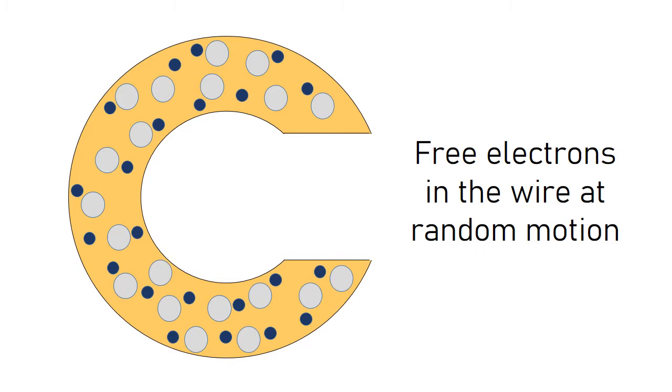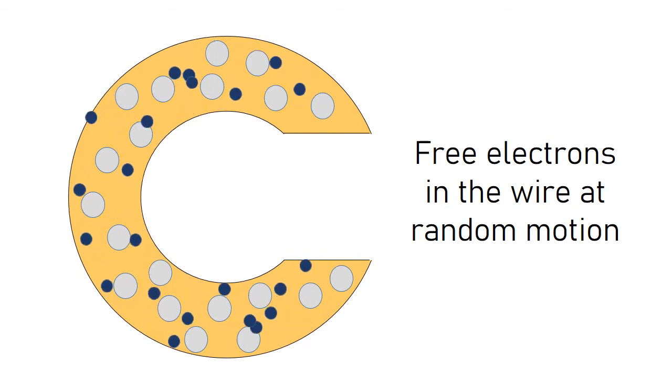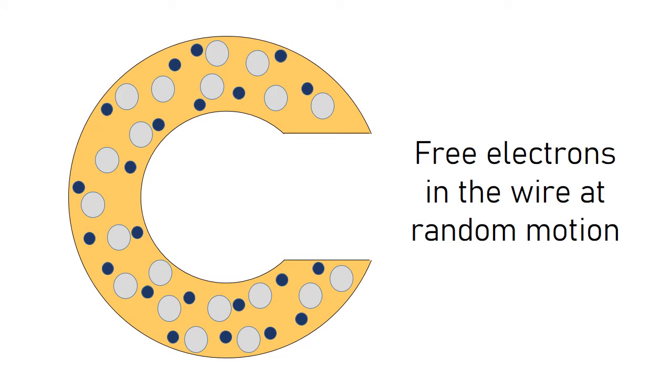I've already explained that the valence electrons are loosely bound to the nucleus and therefore they are free to move within the material. Remember, these electrons are called free electrons and they are always in random motion within that material. You can see the movement. They keep moving like that within the material. Is it clear? They are called free electrons.